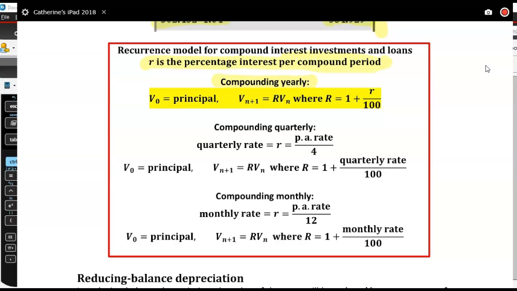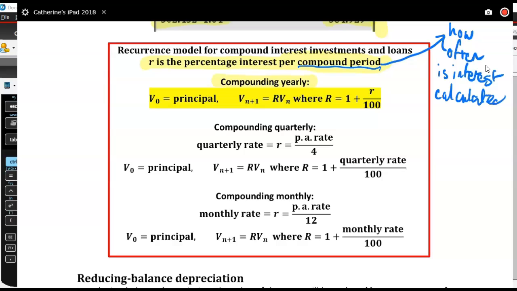Now that's an important phrase there. Compounding period. This is how often is interest calculated. Now, that is very important.